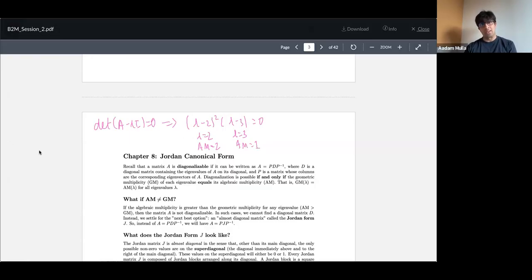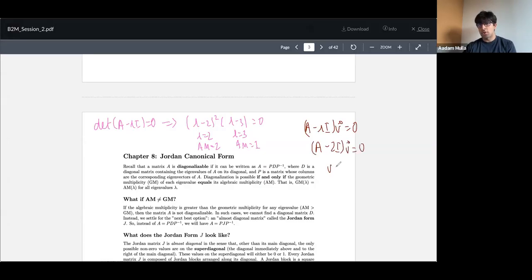Geometric multiplicity means, when we do (A minus lambda I) times v equals 0 to find each eigenvector, the kernel of this A minus lambda I, as in the number of vectors in the solution that we get for v, is the geometric multiplicity. So let's say we solve (A minus lambda I) times v equals 0 for lambda equals 2. So we do (A minus 2I) times v equals 0.